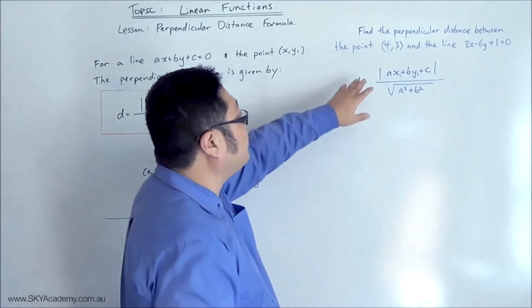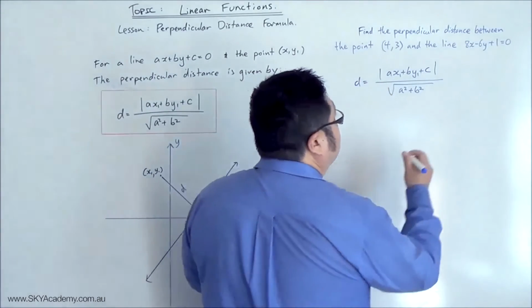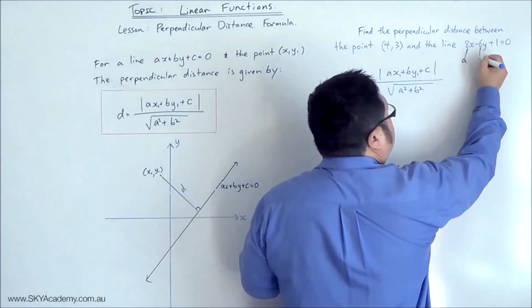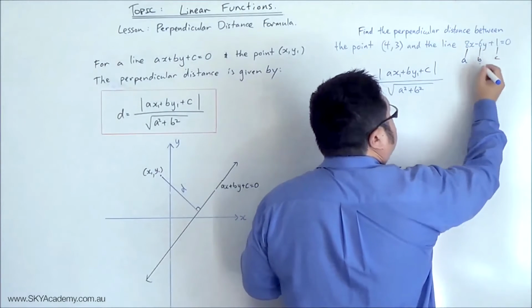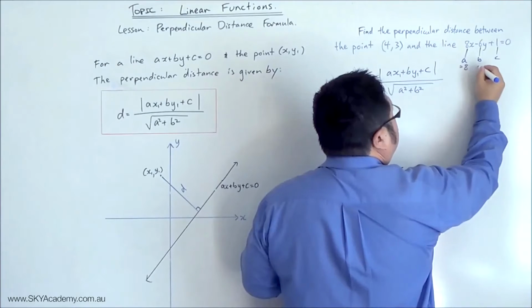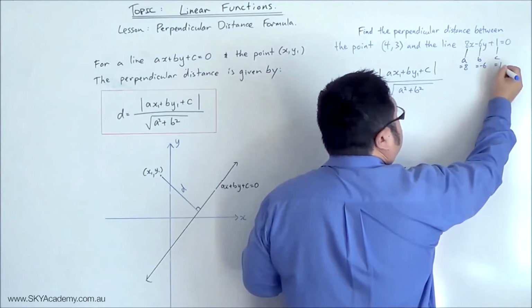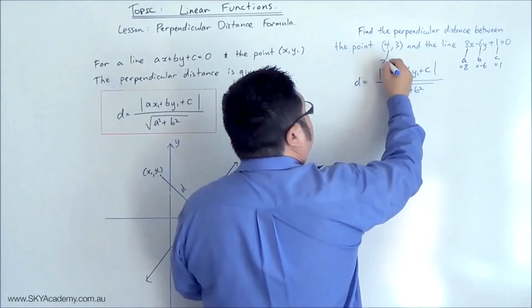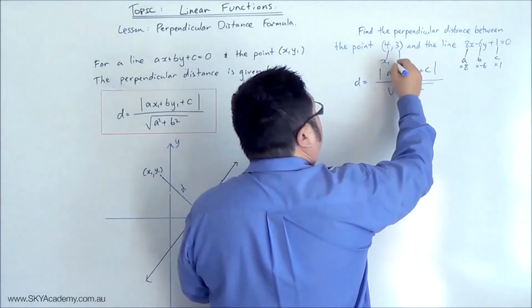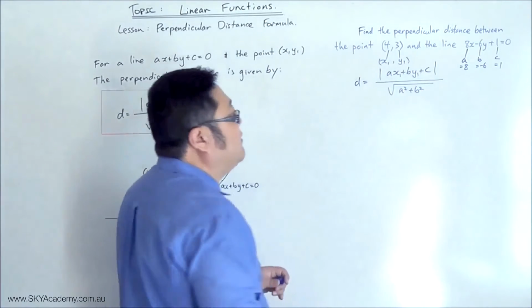Let's have a look. In this situation, that's your a, that's your b, and that's your c: a is equal to 8, b is equal to minus 6, c is equal to 1. This is your x1 and this is your y1. Got it?